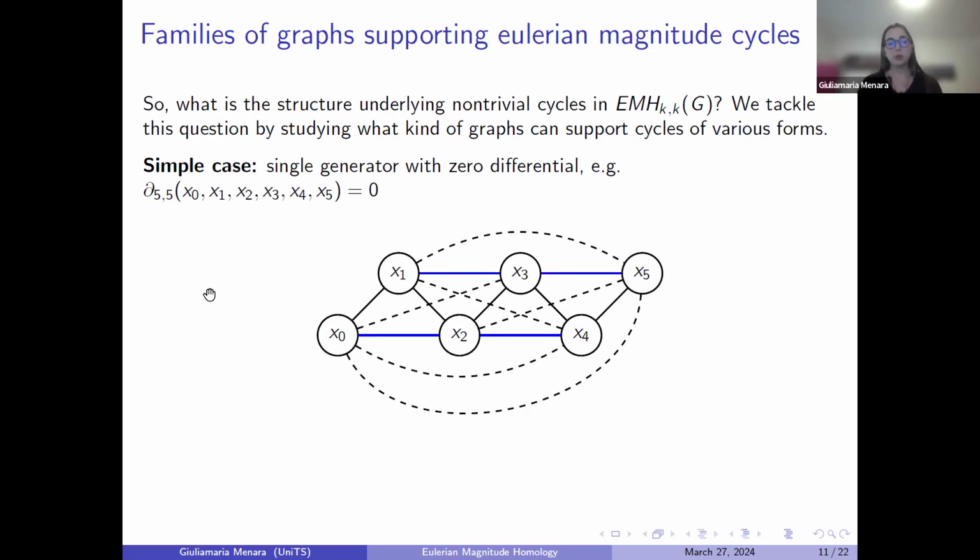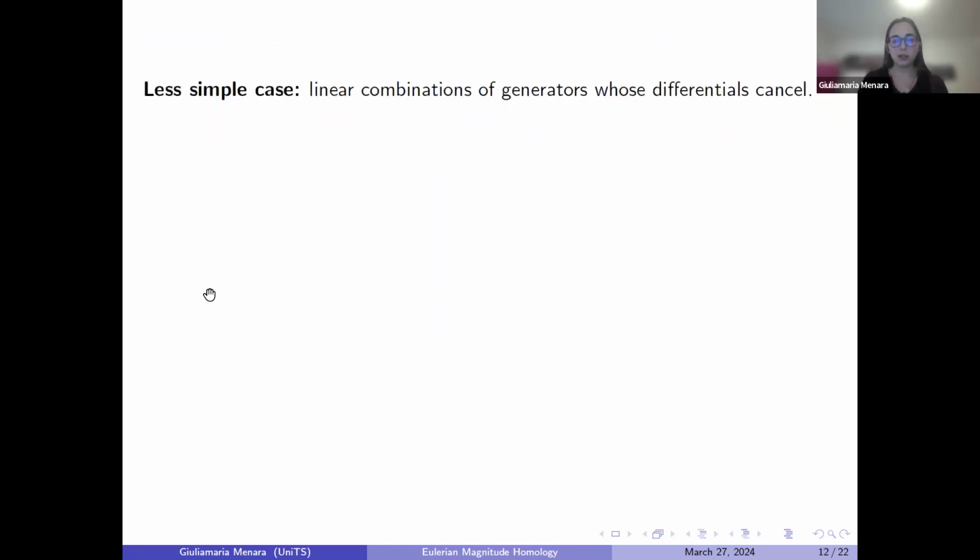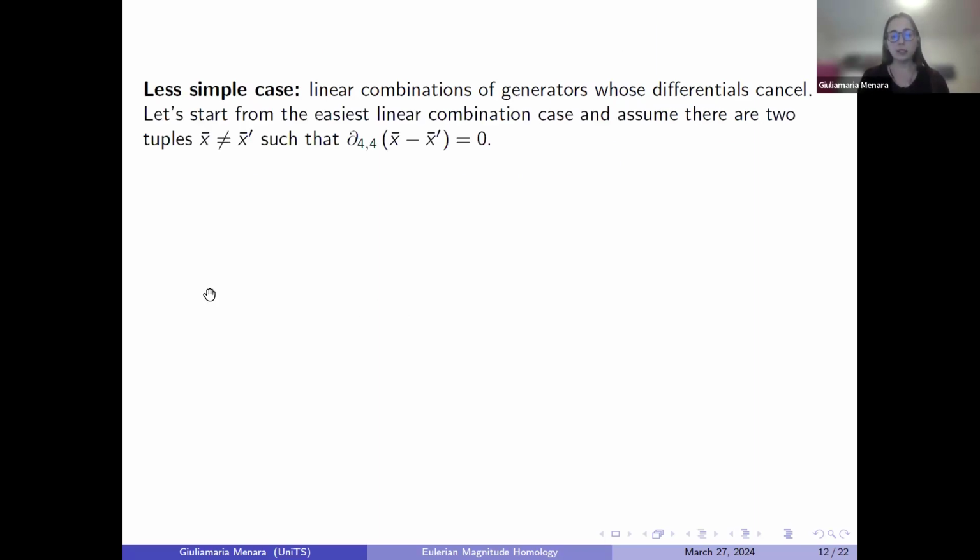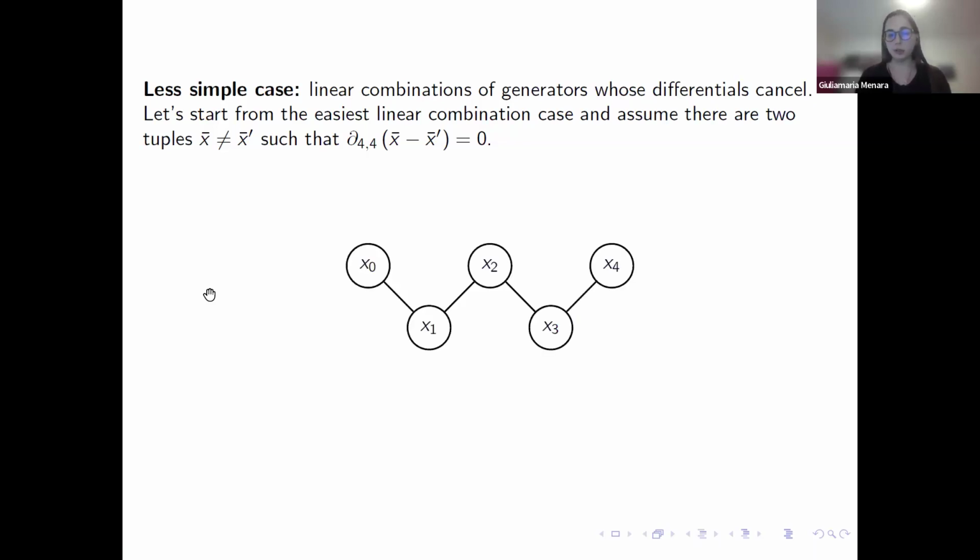Let's move to the less simple case. We have a linear combination of tuples with canceling differential. So let's start from this case when we have two tuples, two trails such that the differentials cancel. So now let's say our first one, x bar, is a trail.